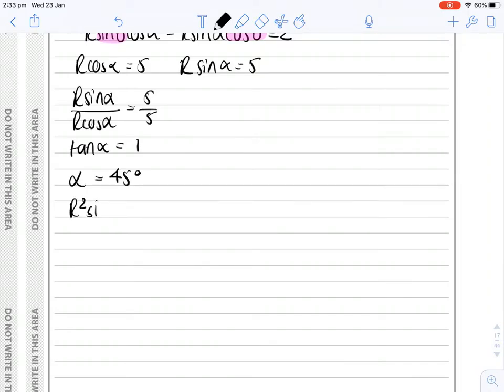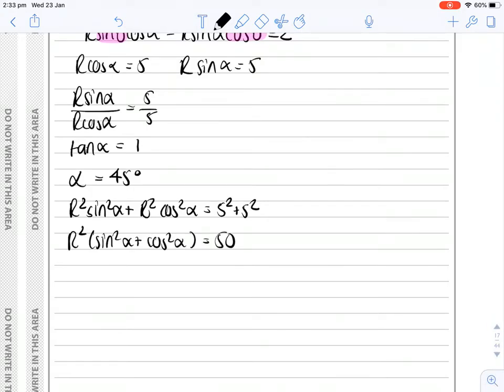So R squared sine squared alpha add R squared cos squared alpha is going to be 5 squared add 5 squared. Factor the R out. We get R squared times sine squared alpha add cos squared alpha is equal to 50. Then sine squared add cos squared is 1. R is equal to root 50, or 5 root 2.